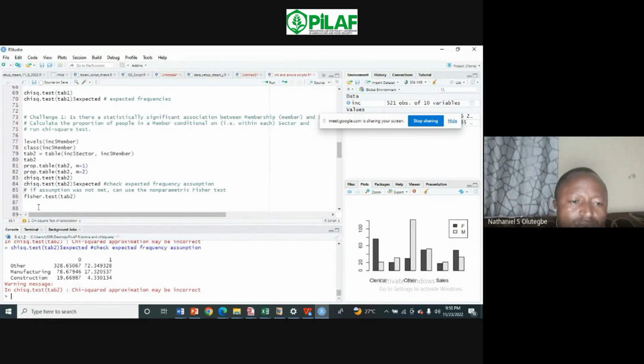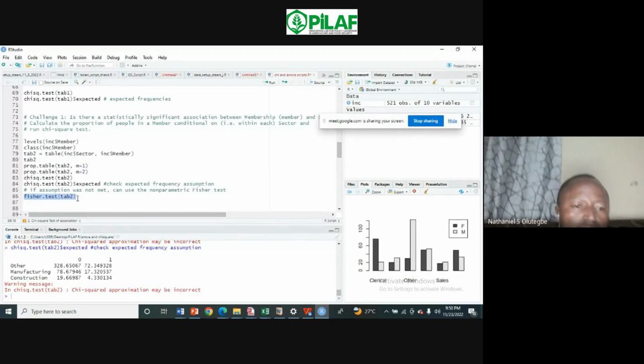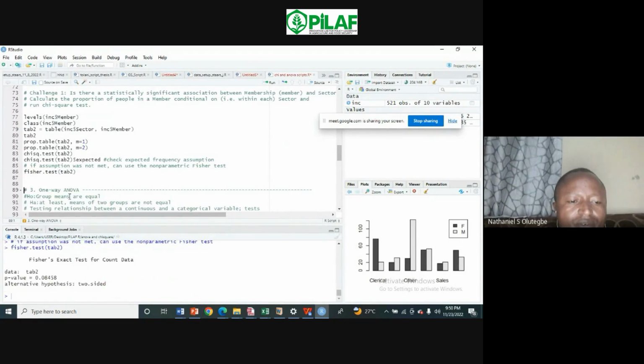And so instead of doing chi-square analysis, we can do the Fisher test, which is a variant of chi-square. It runs almost exactly like chi-square. The only difference is that this can work for any scenario where we have an expected frequency of less than 5. It runs perfectly.